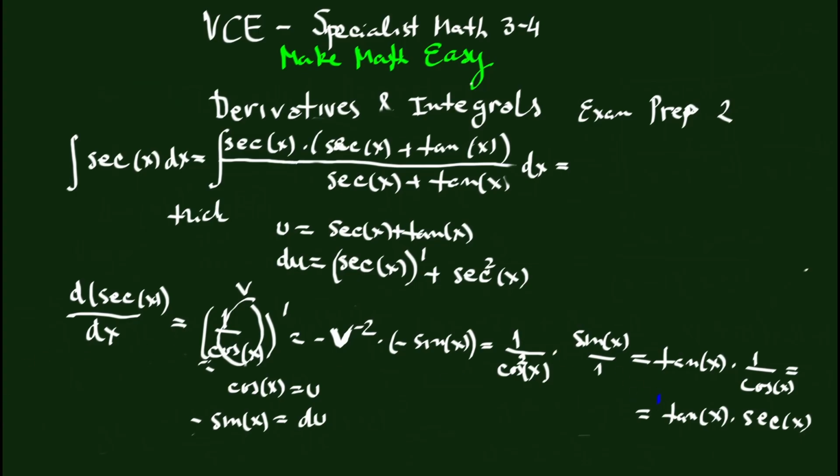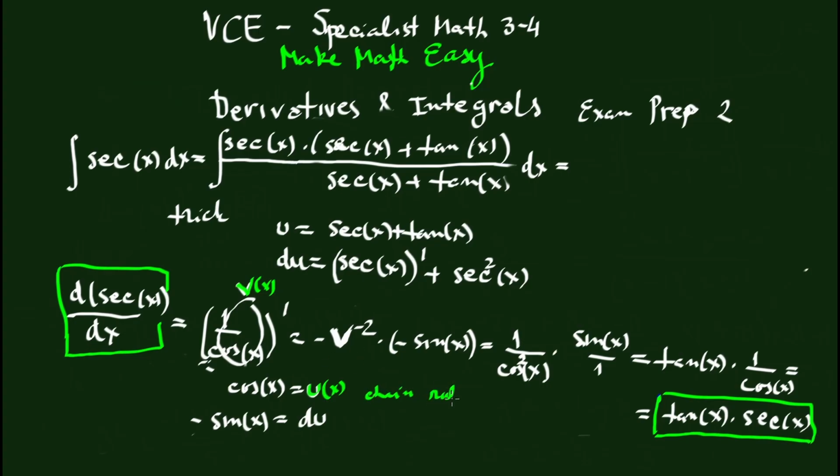So let's circle that. That's our derivative of secant. Just to be clear, this is our v of x, and this is our u of x. So we're applying the chain rule. You know how it goes: the first derivative of the outer one times the first derivative of the inner one.